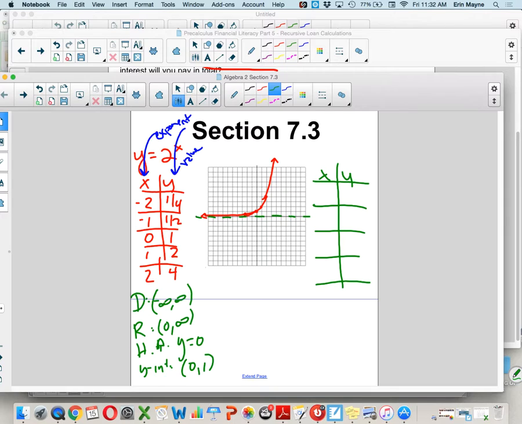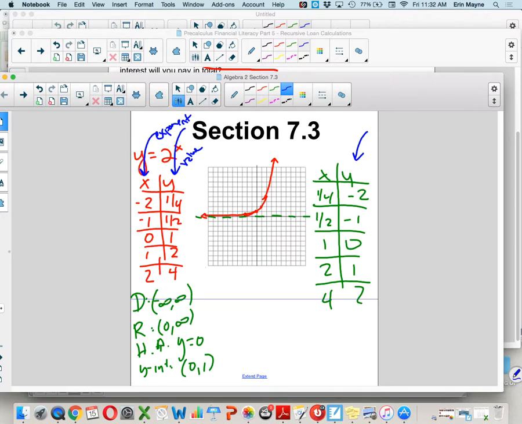Literally, we're going to flip-flop. So, -2, 1/4 becomes 1/4, -2. 1/2, -1. 1, 0. 2, 1. And 4, 2. But conceptually, my x and y have just flipped as well, which means my y values are now my what?